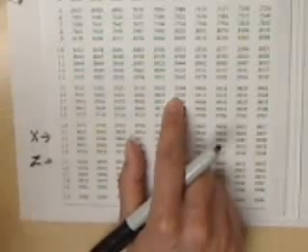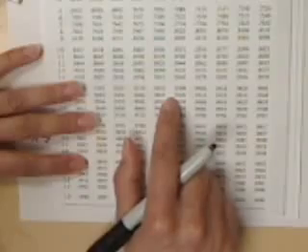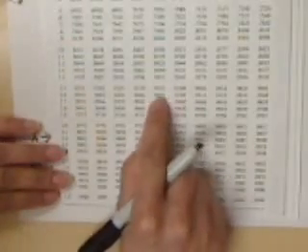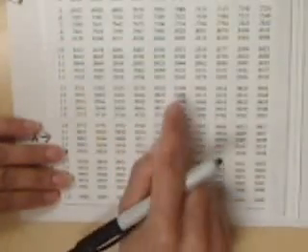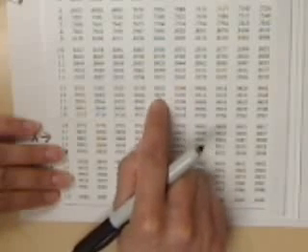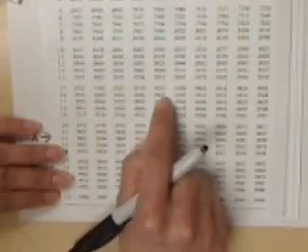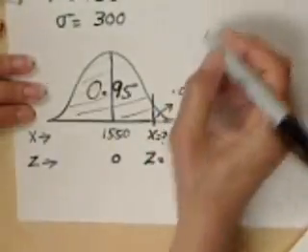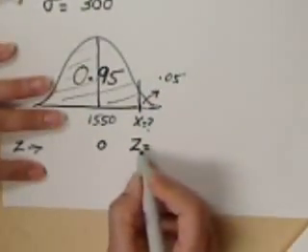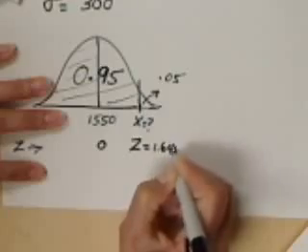So my number that I'm looking for falls in between them because it's the same distance away. If you use your calculator and calculate the difference, you'll see that the 1.645 that I'm going to use falls exactly in the middle of these two numbers. So I'm going to use that. I found this z to be 1.645.